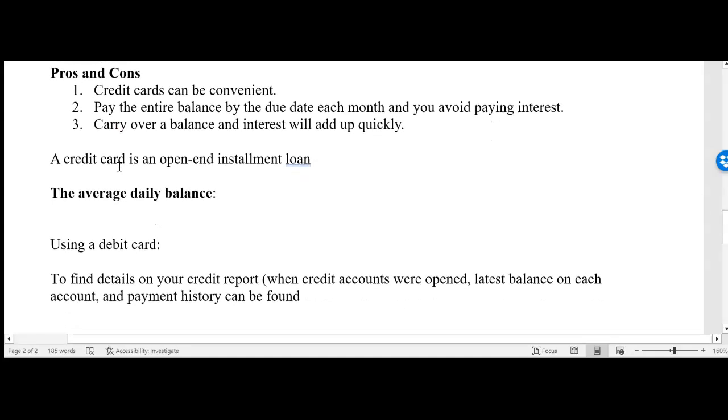So let's just do a couple of definitions that you're going to want. With credit cards, there's an average daily balance. This is how they do that.